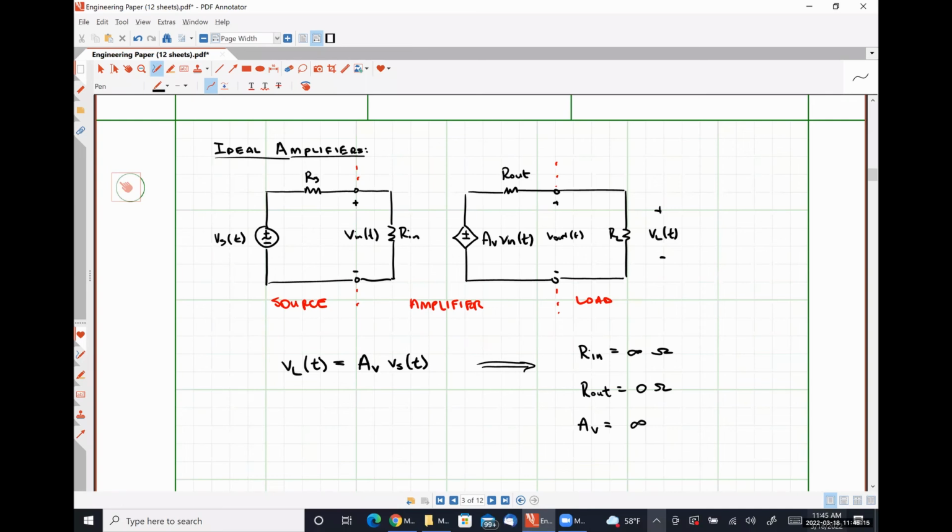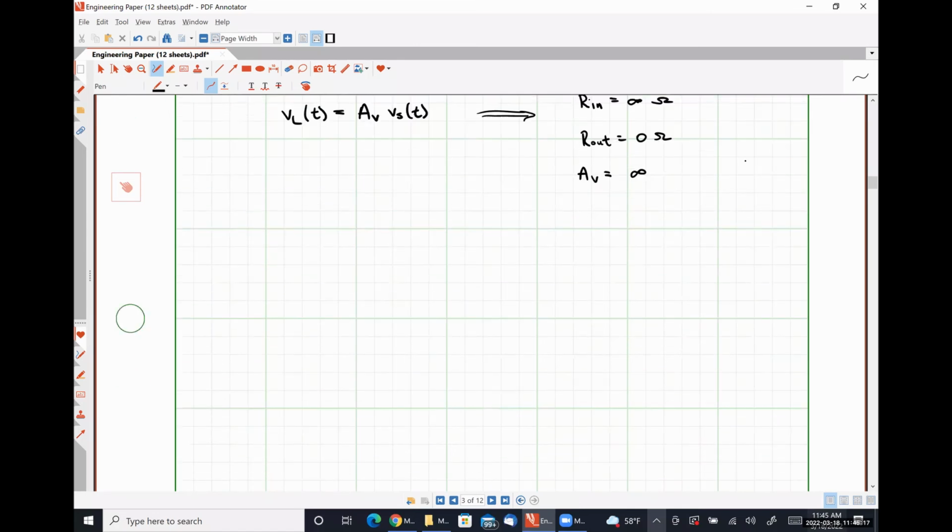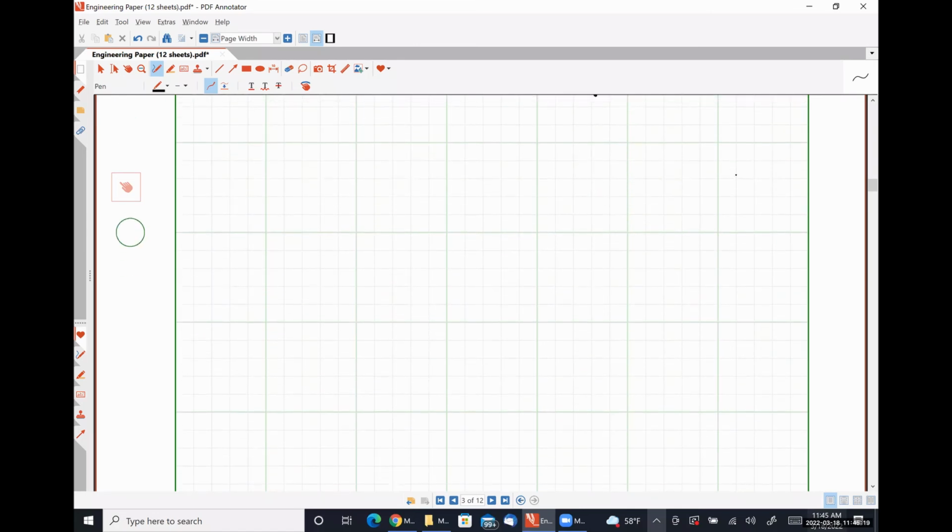All right, so our example revisited. We have an infinity ohm resistor here.